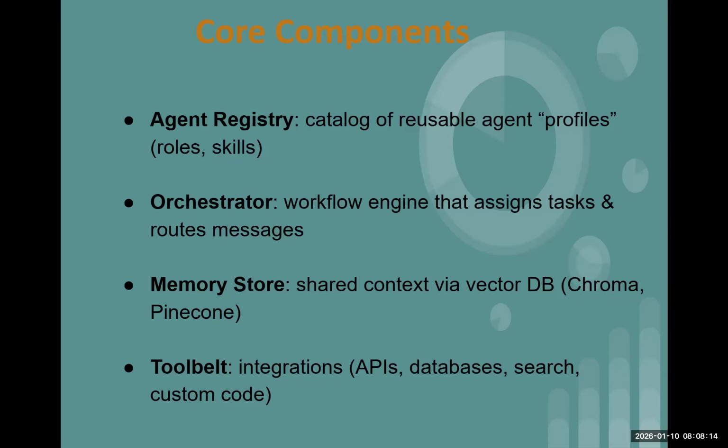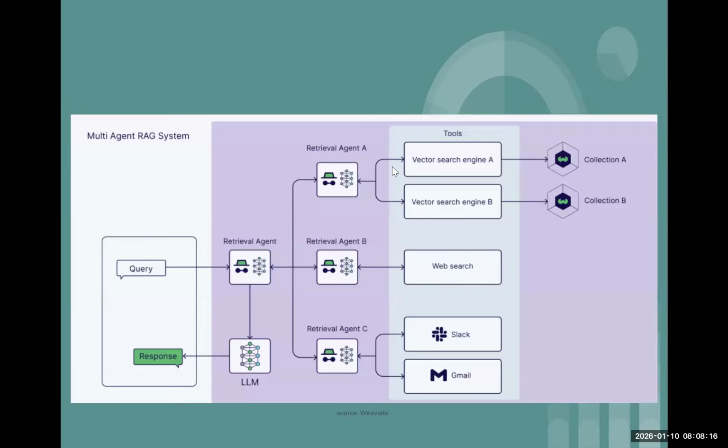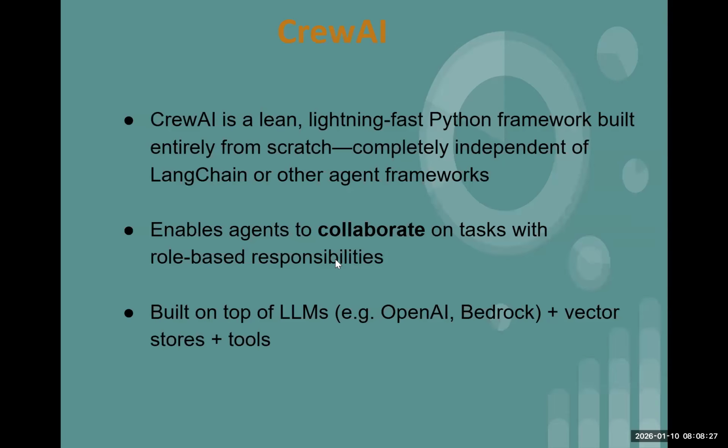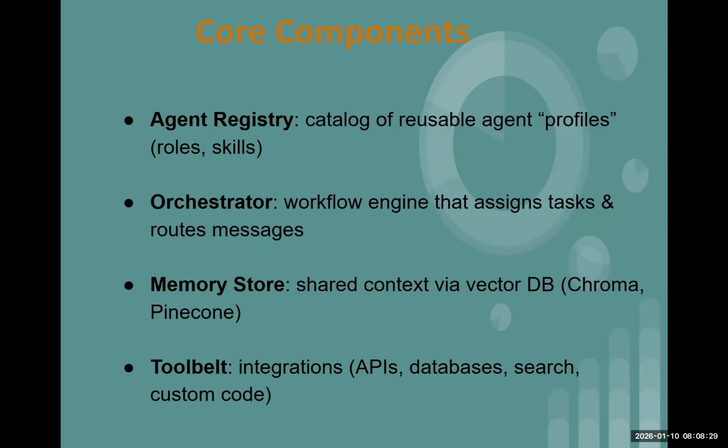That's how we have seen this routing here: which agent to call, with what task, what is the question, come back, critique the answer, make sure it's correct or not, then go back, all of that. The routing is done through the orchestrator engine. It assigns the tasks and routes the messages.